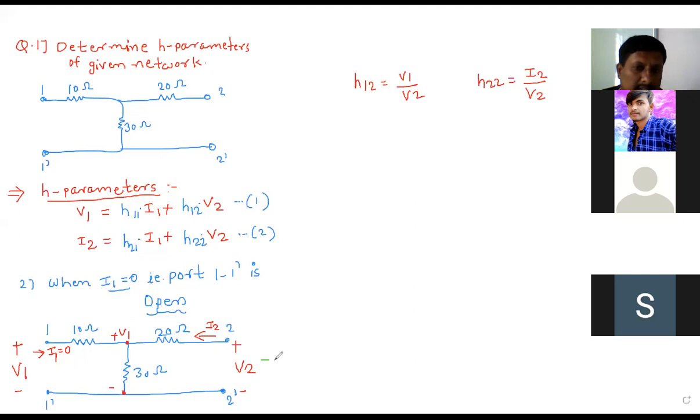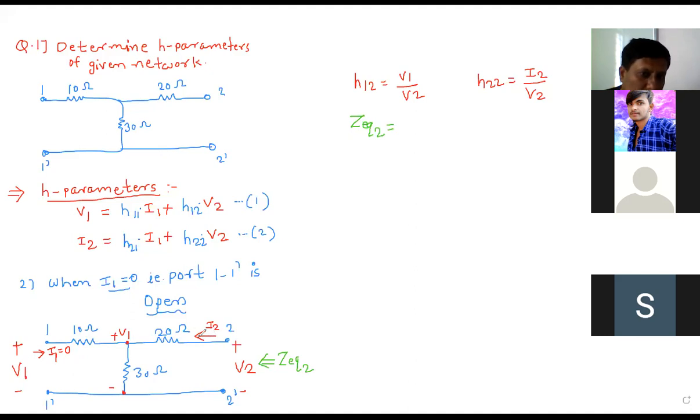On which side? Second side, because the variables are of the second port. So what is Z equivalent here? Should we consider 10 or not? Don't consider 10. Only consider 20 and 30. So how are they connected, series or parallel? Series.